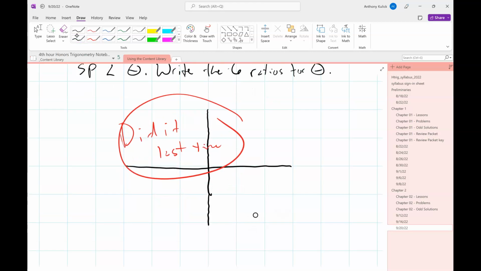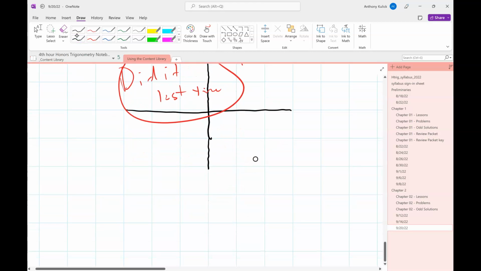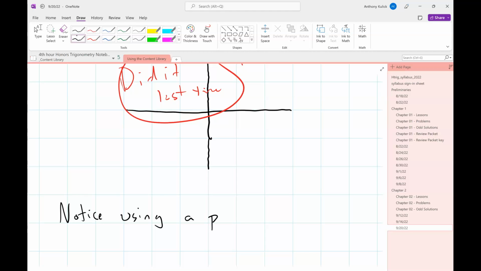No problem. All right. So what we were at, you noticed with our latest method, when we use a point on the terminal side of a standard position angle, we have some freedom of choice there.